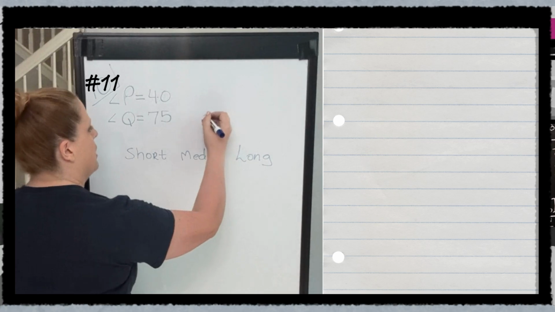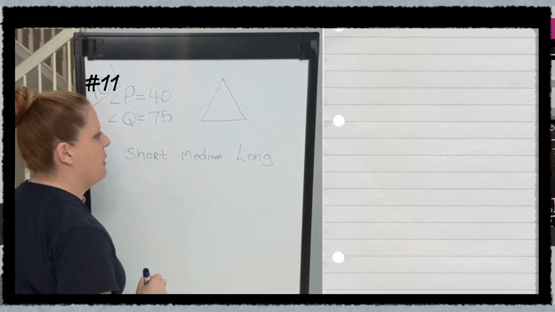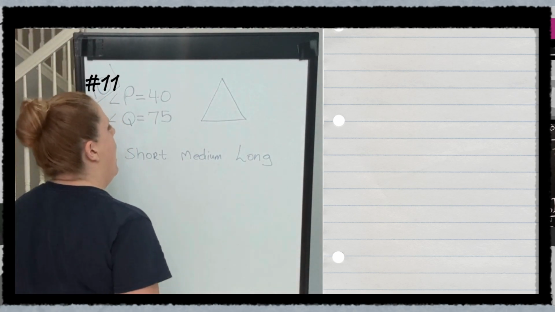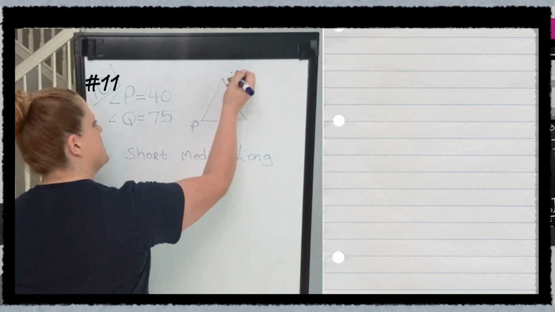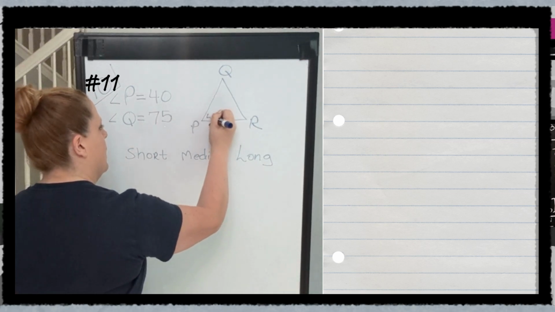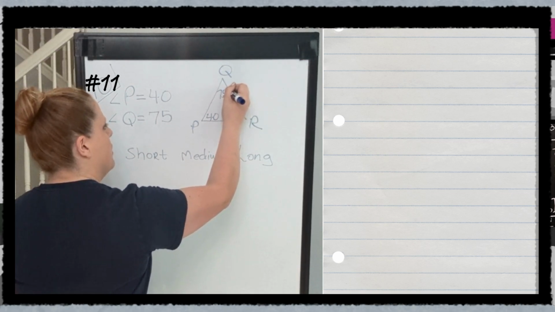So I am going to draw a triangle, PQR. The exact dimensions don't matter. What I just drew, it looks equilateral, but it's not, because I'm going to write in PQR. I'm going to write our P of 40, and I'm going to write our Q of 75.